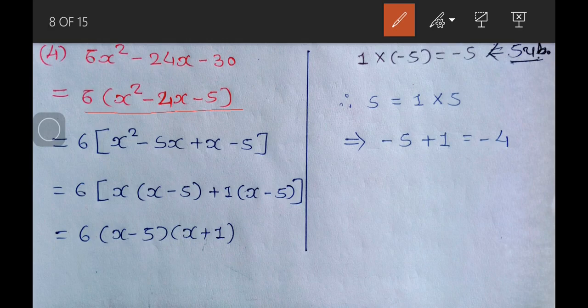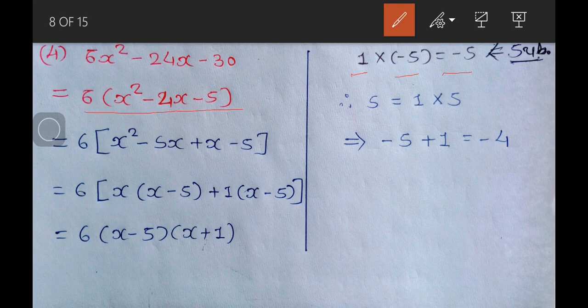We can see that x square has a coefficient 1 and the constant term is minus 5. Then the multiplication of both is minus 5. So here we get a minus sign.